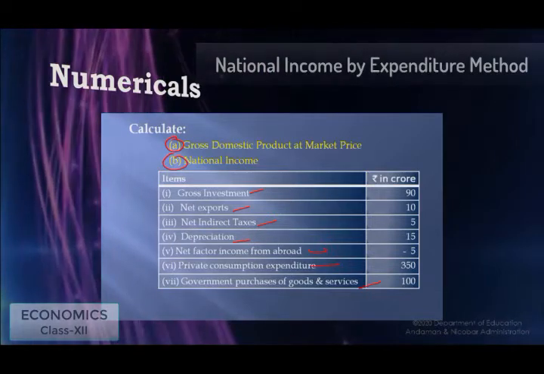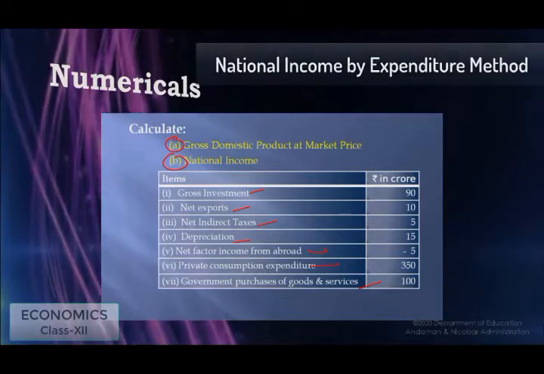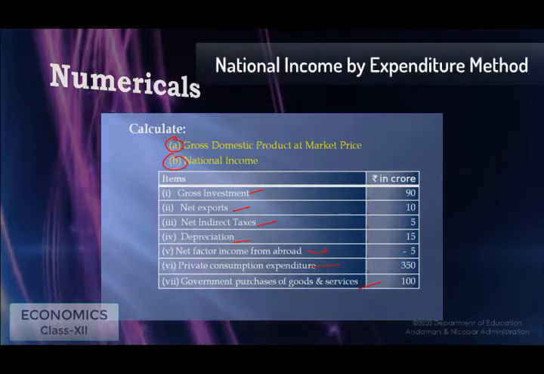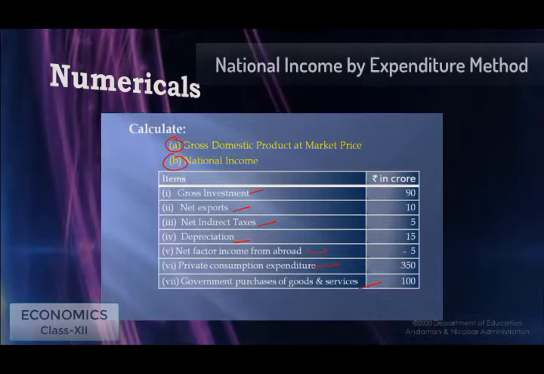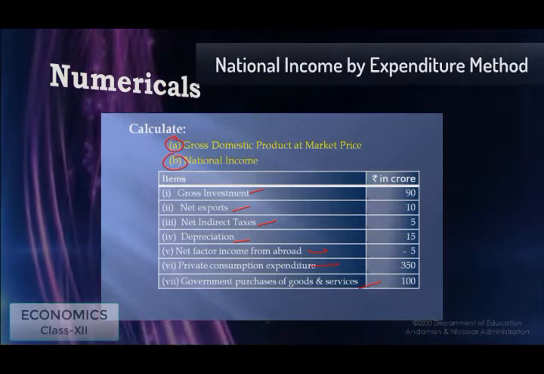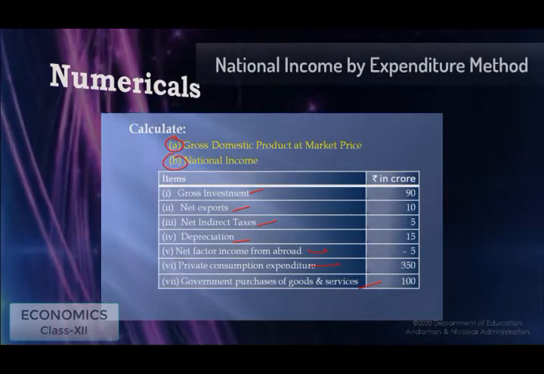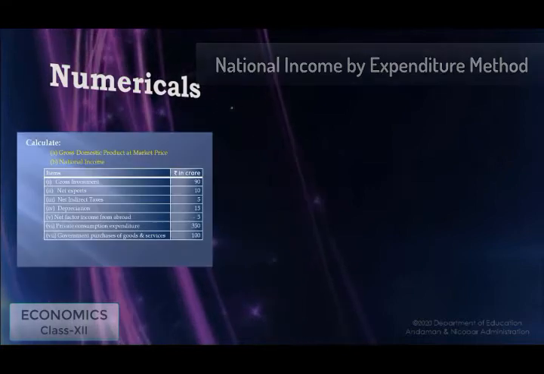So from the given items in this question, we need to find two values, that is gross domestic product at market price, the value of GDP at market price, and the value of national income, that is NNP at factor cost. So let's do the solution. How can we find the value of GDP?